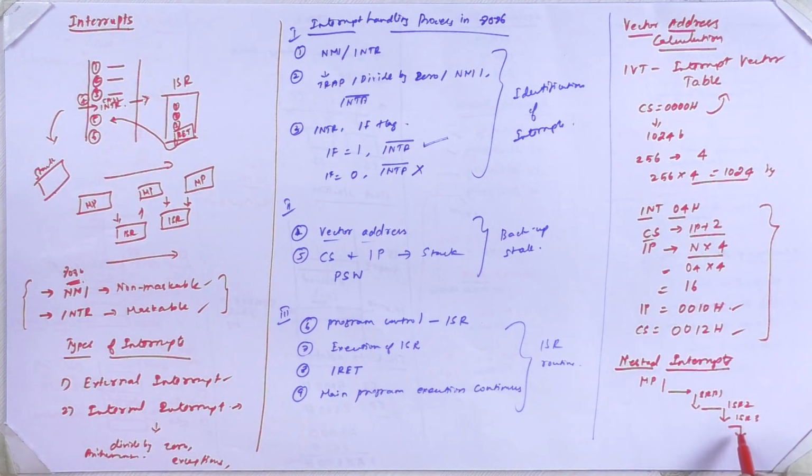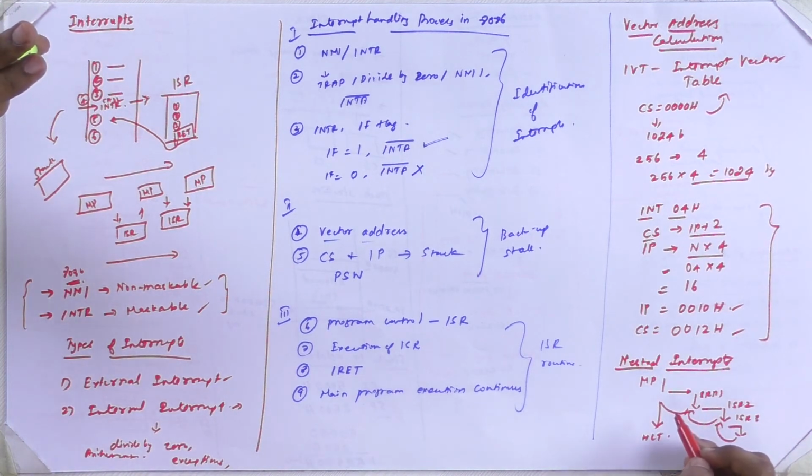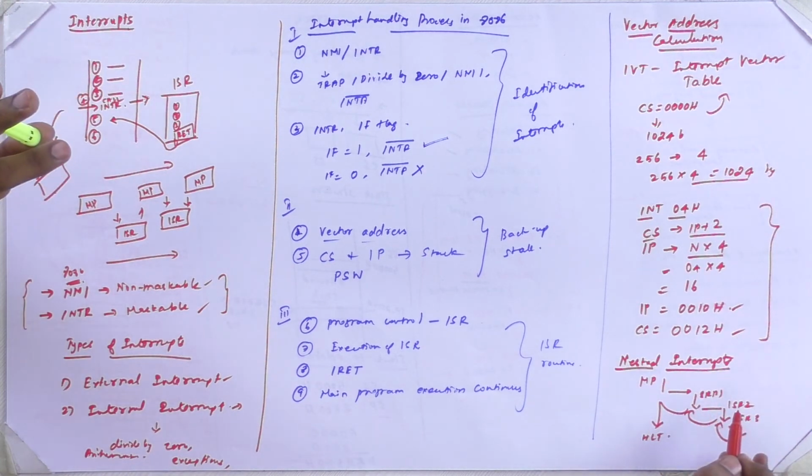After the completion of ISR3, ISR2 will be executed, and after the completion of ISR2, ISR1 continues, and after completion of ISR1, the main program continues. Since one interrupt occurs within another interrupt in a sequence, this concept is called nested interrupts.